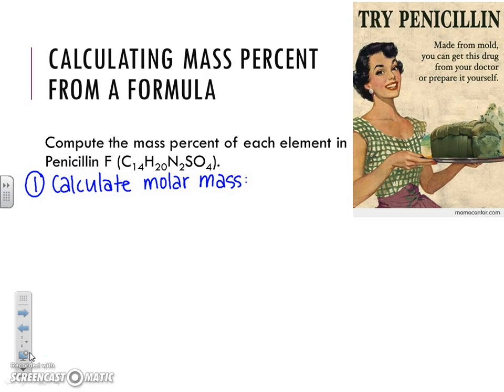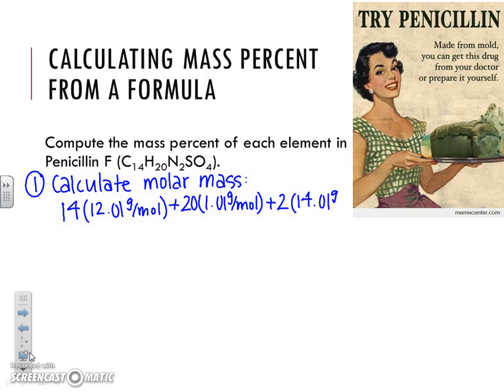So for this example, we have 14 carbons, each with a mass of 12.01 grams per mole. And we're going to add that to 20 hydrogens, each one with a molar mass of 1.01 grams per mole. We'll add that to our 2 nitrogens with a 14.01 gram per mole molar mass.